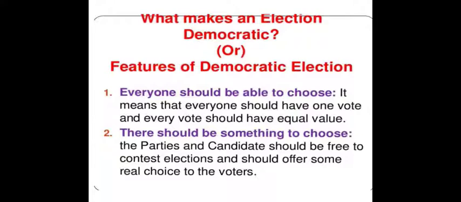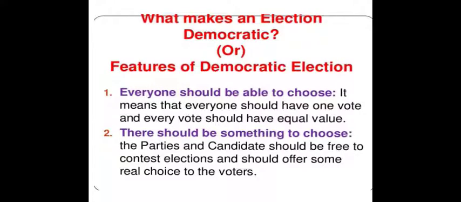Let's see the minimum conditions and the features of a democratic election. If you see the first point, everyone should be able to choose. It means that every vote should have equal value, not like Saudi Arabia. Second point, there should be something to choose. The parties and candidates should be free to contest elections and should offer some real choice to the voters.